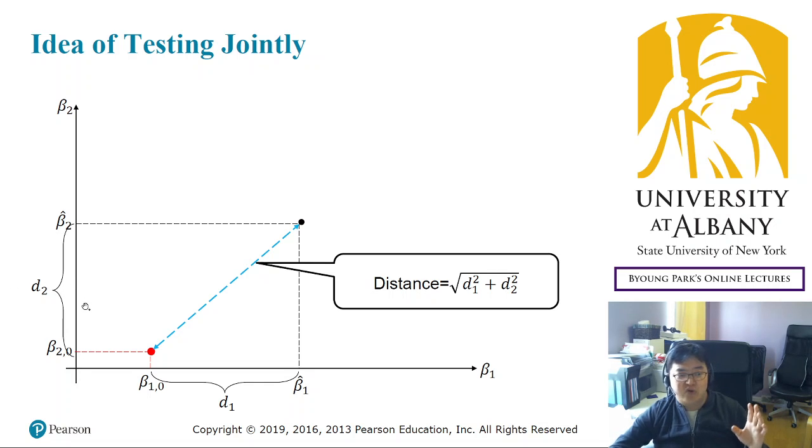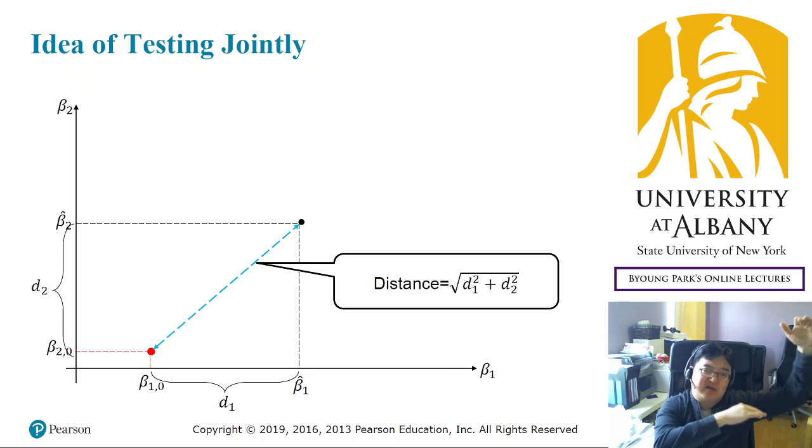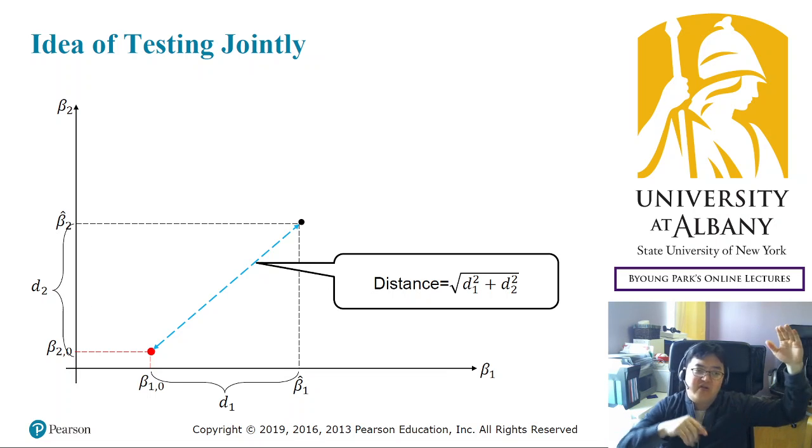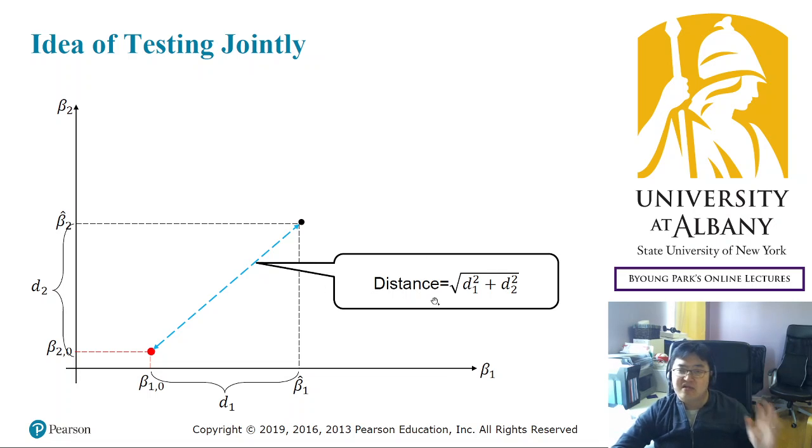If you know the distance on the horizontal axis and the vertical axis, then the length of the diagonal line can be calculated this way, right? Remember, the Pythagoras theorem is about the diagonal length of a triangle. So this is the distance.